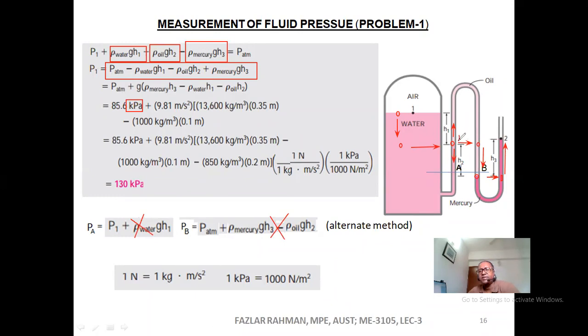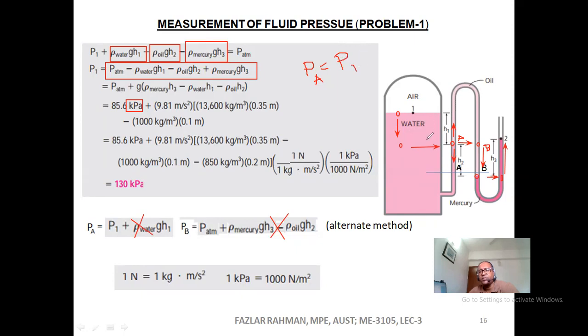I'm saying this is my point A, this is my point B. So figure out the pressure at point A. So PA will be how much? Pressure A equals the pressure at point 1, P1.